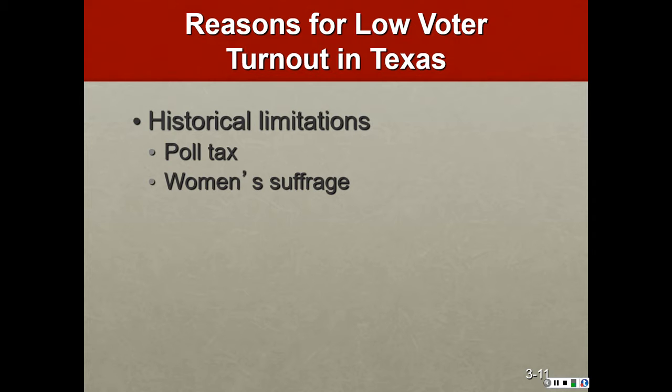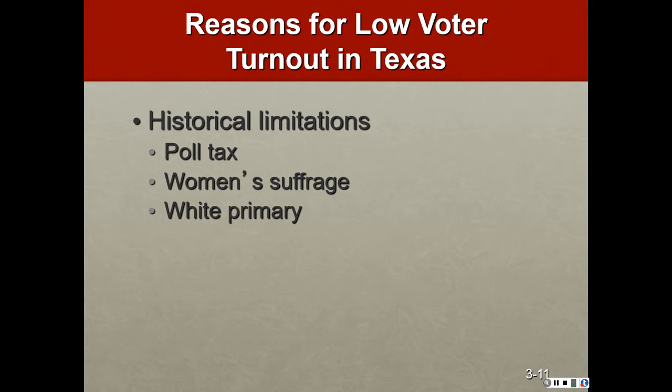Women's suffrage. While we had women in Texas, remember, ladies, y'all weren't allowed to vote till the 19th Amendment, till 1920 or so. And still then, traditionally, women didn't vote much. So this is one of the other issues. We had what was called the white primary. We talked about this early on.